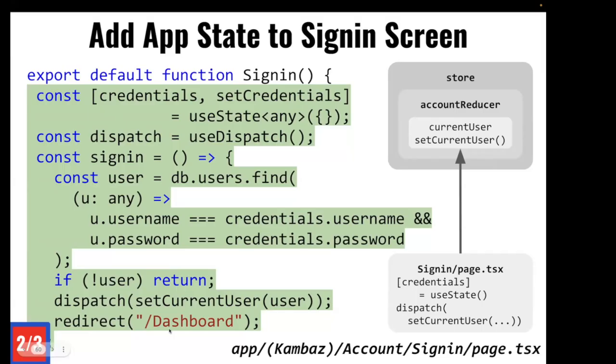Otherwise, we're just going to return, and stay in the sign-in screen. Now, we might be a little bit more helpful, maybe display an alert dialogue and say, sorry, try again, that username and password we couldn't find. Please try again. But here we're not doing that.